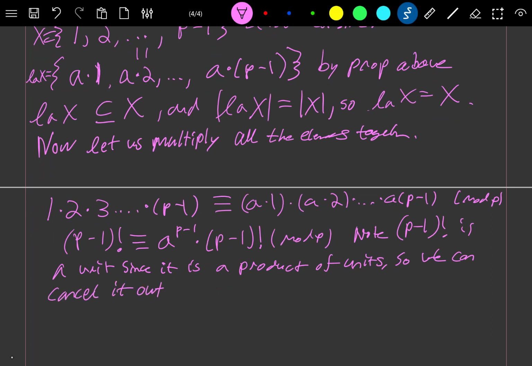Just multiply by the element, whatever you can multiply p minus 1 factorial by to get 1. And this tells us that 1 is equivalent to a to the p minus 1 modulo p. And we're done. So that's how you can prove Fermat's little theorem.